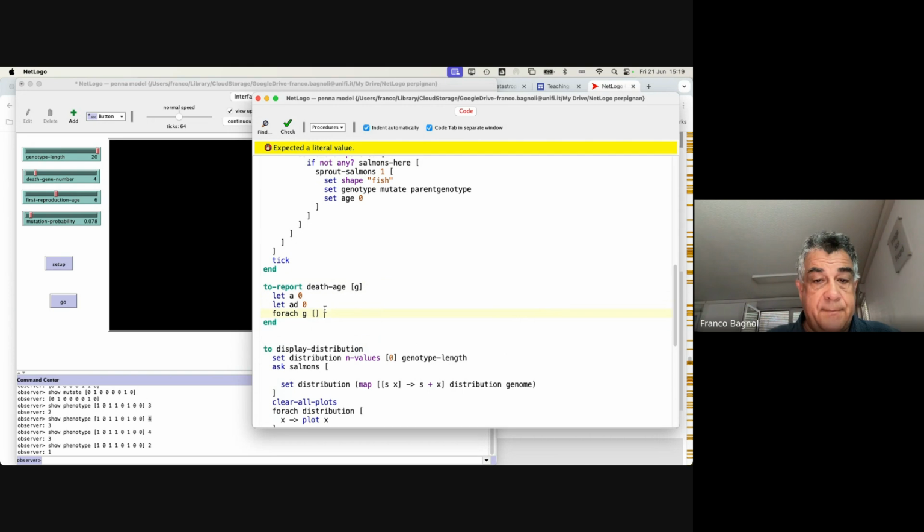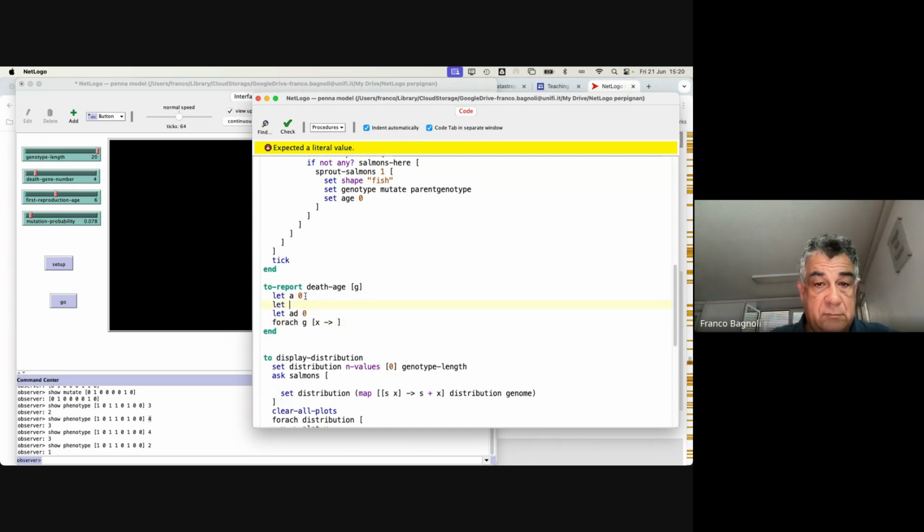So for each x in genes, set s to s plus x.